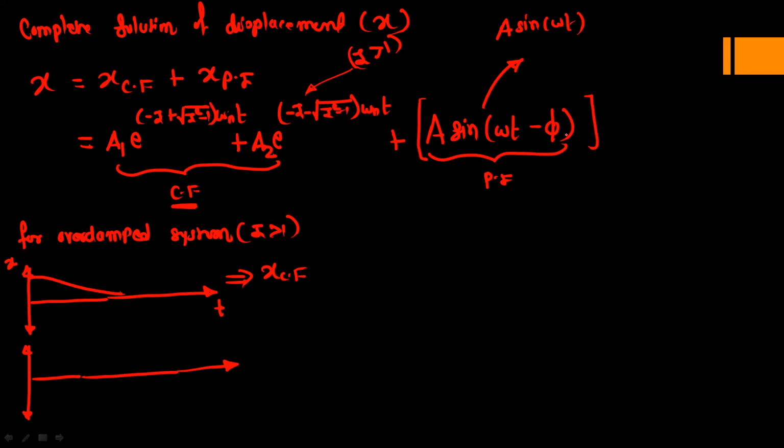Okay, so forget about this phase lag. So it is the same equation A sine omega t, where capital A is the maximum value of the displacement. So we can have the waveform for the particular integral. If you plot this on graph paper as displacement versus time, it is the harmonic motion.